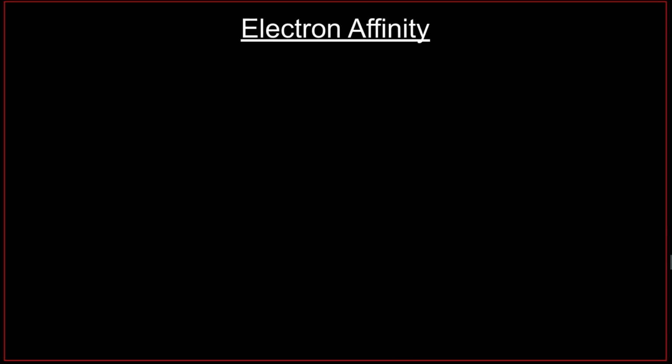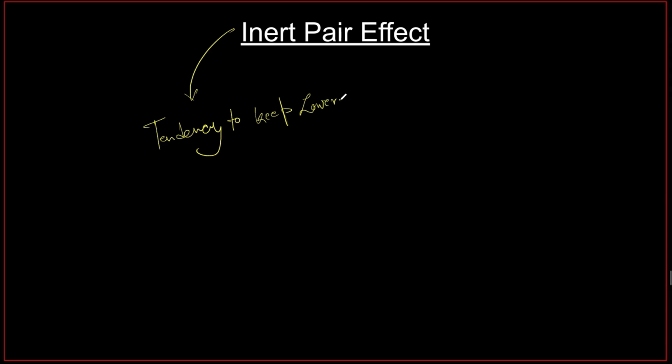Your next topic is electron affinity. I will teach you the inert pair effect first, then the electron affinity. The inert pair effect is basically the tendency to keep a lower oxidation state. If you go top to bottom, it increases.